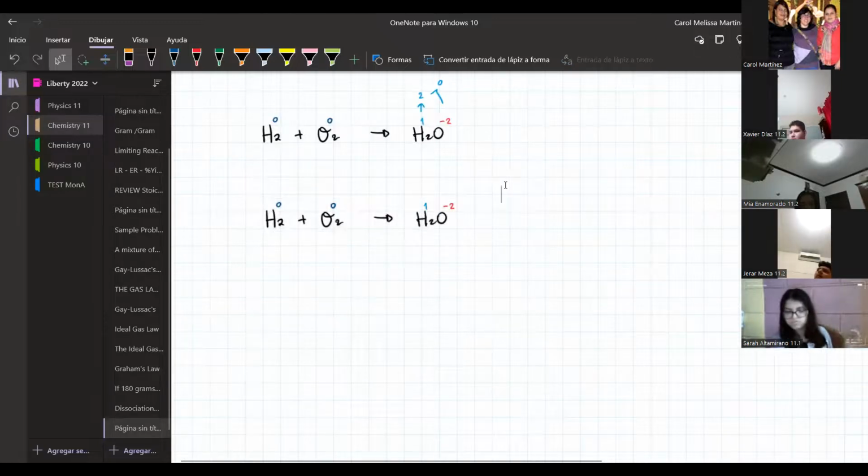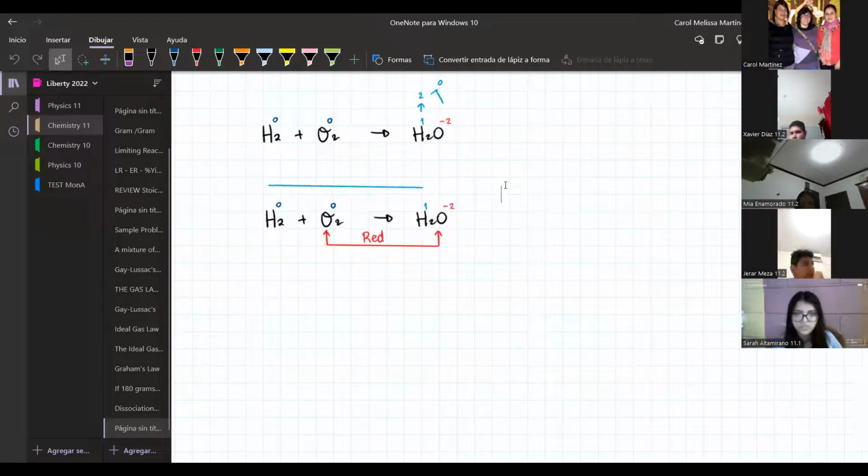Okay. So hydrogen was 0 and oxygen was 0. After the reaction takes place, oxygen is less than 0, so the oxidation number is reduced. And in the case of hydrogen, it was increased. So we say that it is oxidized.